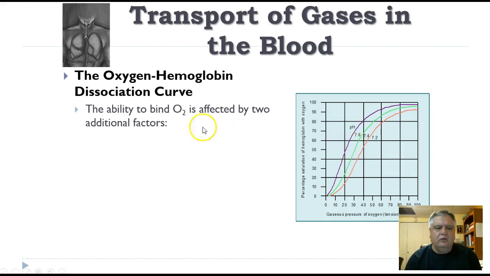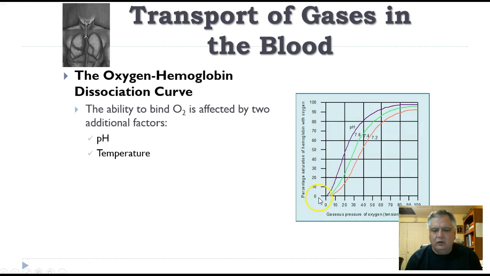So as we take a look at this curve, the ability to bind oxygen is actually affected by two additional factors other than the concentration of oxygen, right? Those two other factors are pH and temperature.